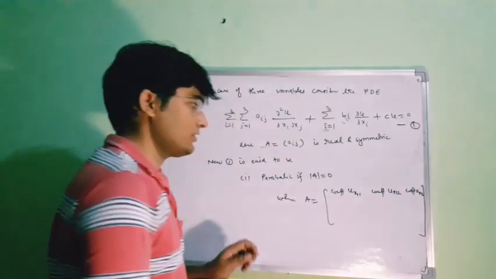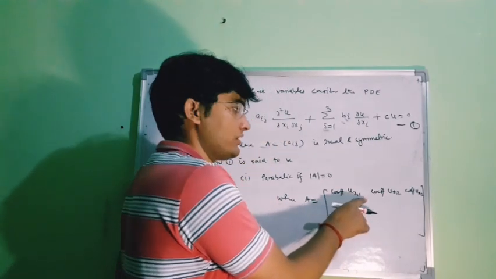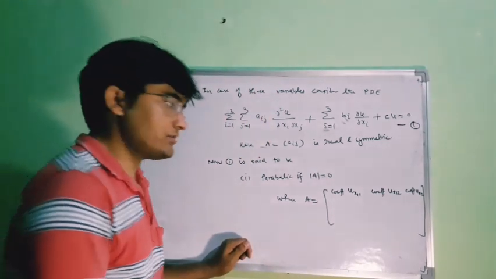That means this will be your del 2 upon del x1 square, this will be your del 2 upon del x1 del x2, and this will be your del 2 upon del x1 del x3.